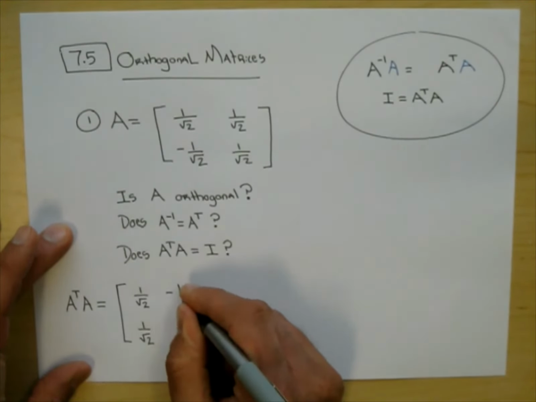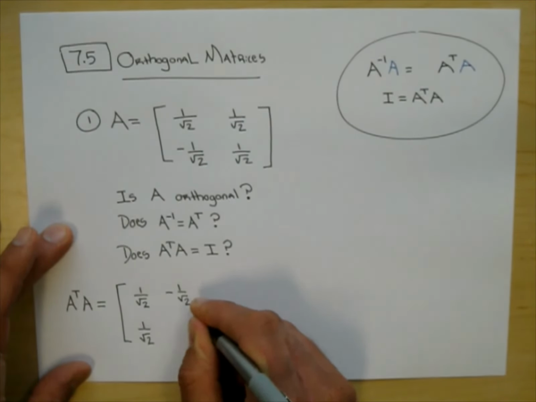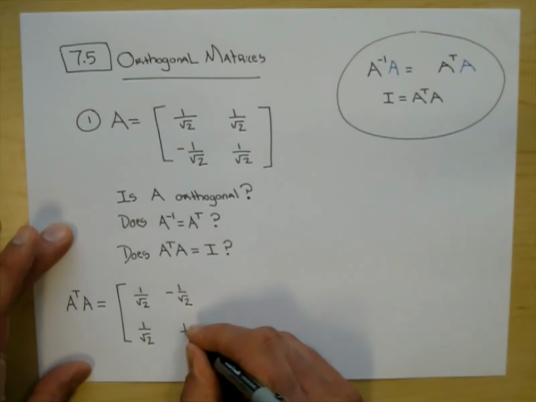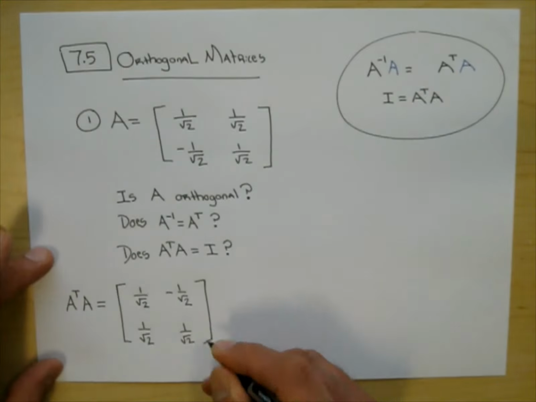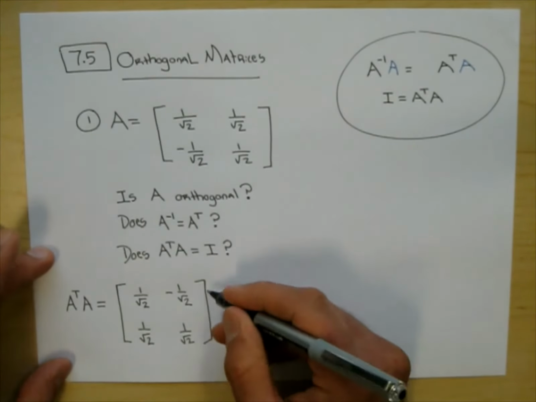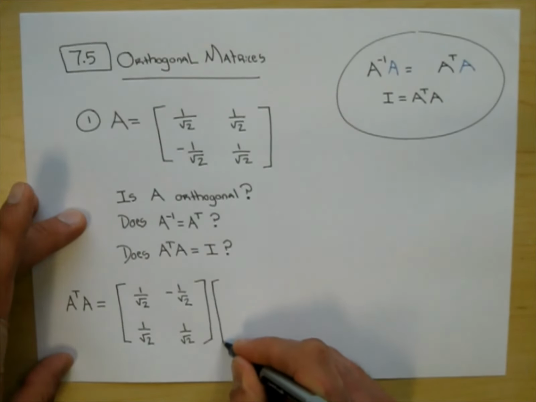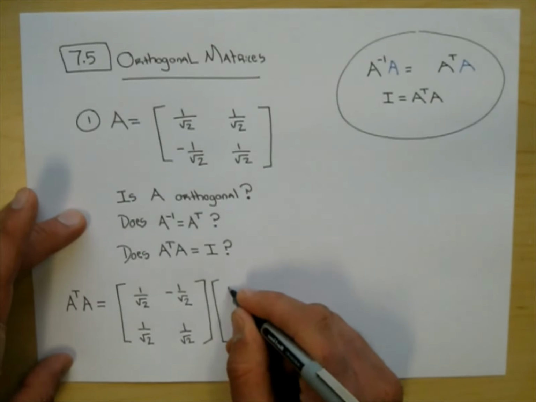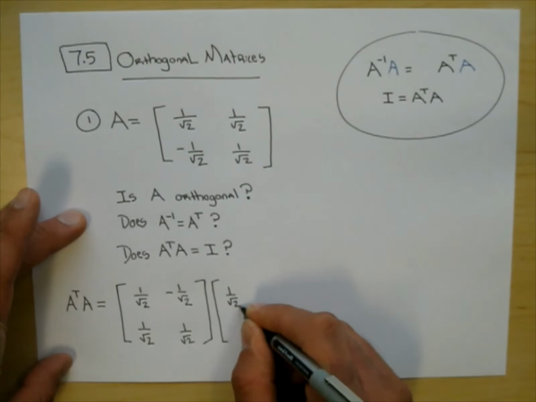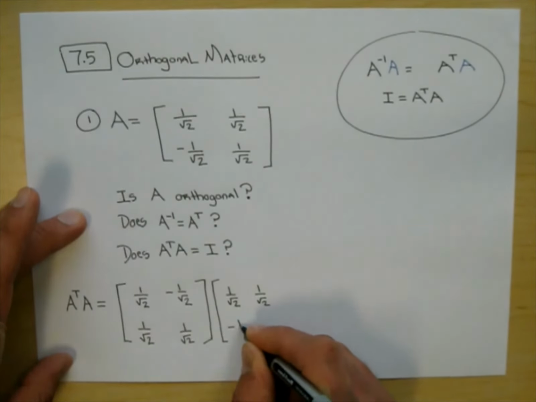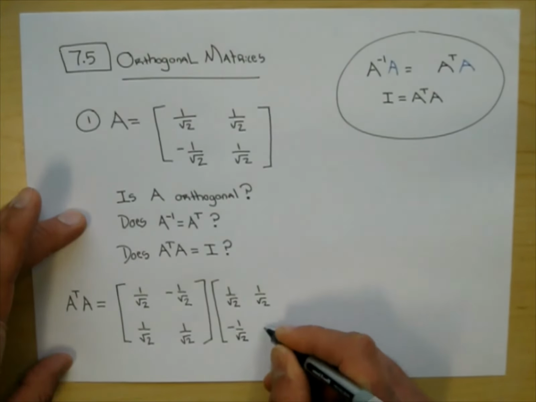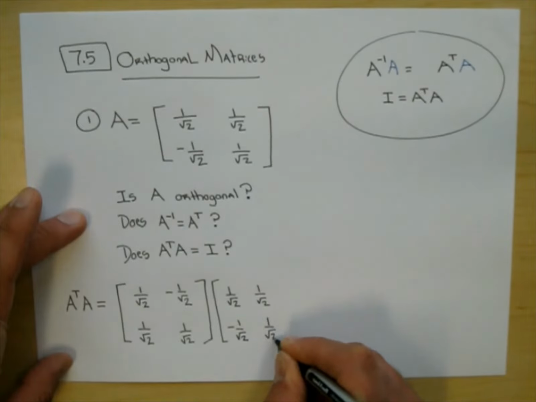This is negative 1 over root 2, 1 over root 2. A transpose is a lot easier than writing out A inverse. And now A is just this matrix, so we just write the same thing. 1 over root 2, 1 over root 2, negative 1 over root 2, 1 over root 2.